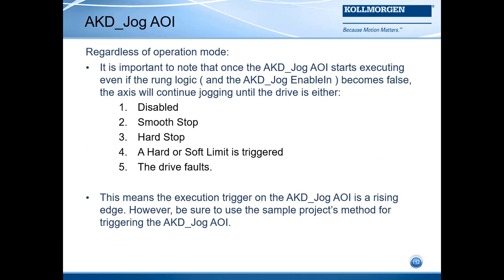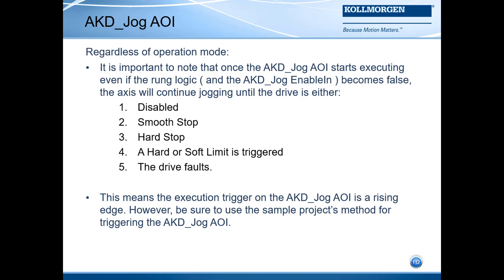Regardless of operation mode, it is important to note that once the AKD jog add-on instruction starts executing, even if the rung logic and the AKD jog enable end becomes false, the axis will continue jogging until the drive is either disabled, a smooth stop has been commanded or executed, a hard stop has been commanded or executed, a soft or hard limit is triggered in that direction that it's jogging in, or the drive faults.